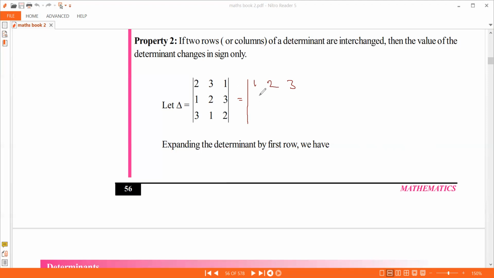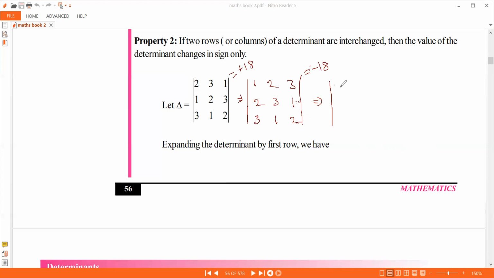First swap, I will do 1, 2, 3 and 2, 3, 1 and 3, 1, 2. This is swap 1. For this swap, I get minus 18, right, from plus 18. And now do another swap, R2 and R3.